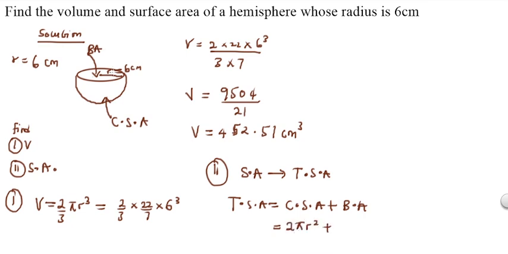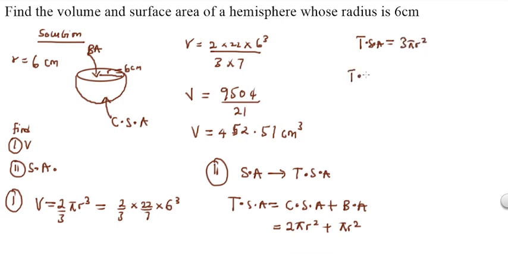Now, the base area is simply a circle on that side. So the base area is simply πr². Since there's πr² here and πr² here, the coefficient here is 2, the coefficient here is 1. So you can add them up. So 2 plus 1, we have 3. So the total surface area of a hemisphere is 3πr².